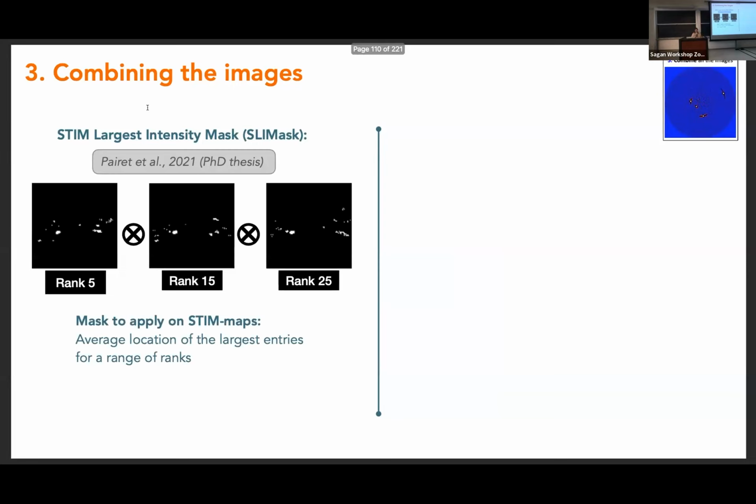One other thing, which is funny about combining the residual images, is the SLIM mask. It says, okay, I'm going to take the best SNR maps I have and just combine them after, for instance, the PCA subtraction. So I'll do the PCA subtraction several times with different numbers of components, take the best and make a mask, like correlate them. And yeah, it's very simple and same, it works.